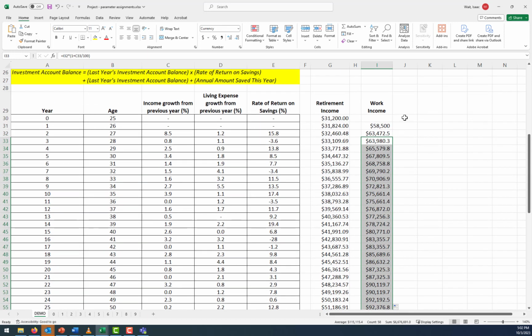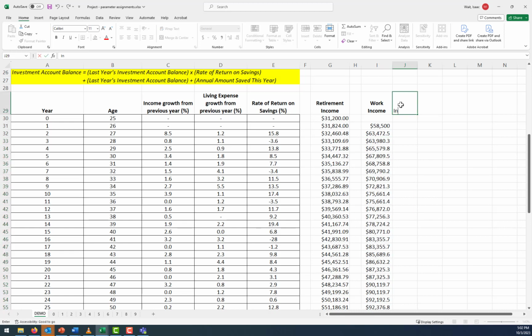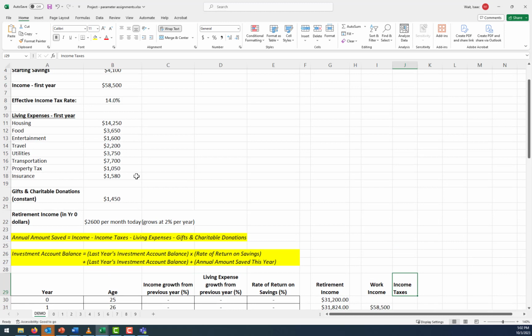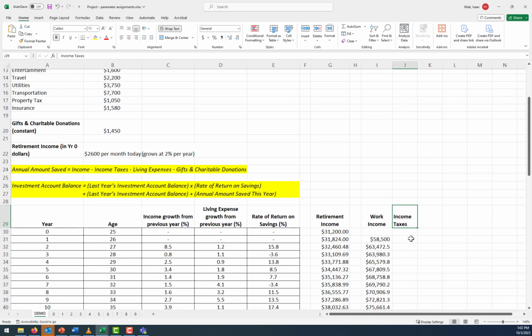And you see what their work income is for a given year. All right, so now I'll have income taxes, and this person's income taxes are 14%. Okay, so it is the work income times 14%, so 0.14.